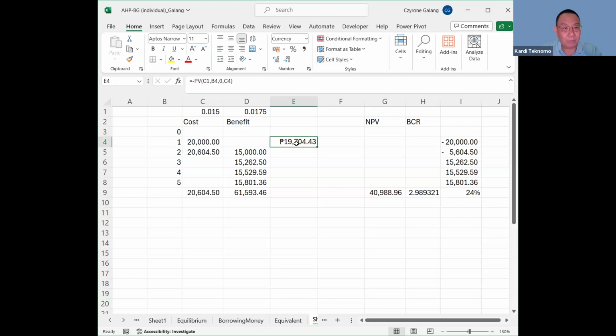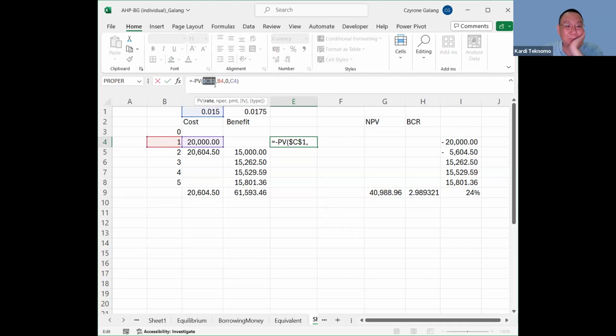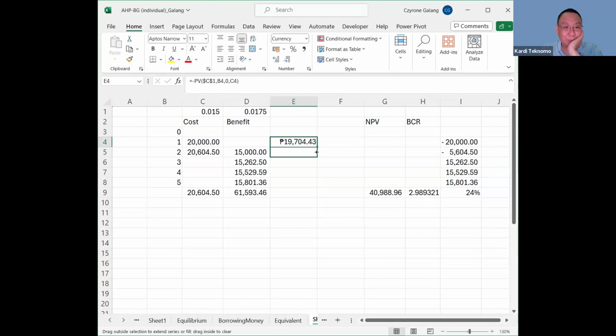Then copy to row 5, but when you copy, be careful because your interest does not go to the same place. Hmm? Why is the cost changing to 2004?